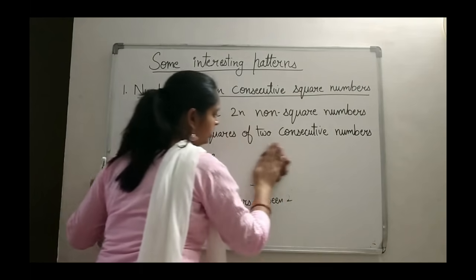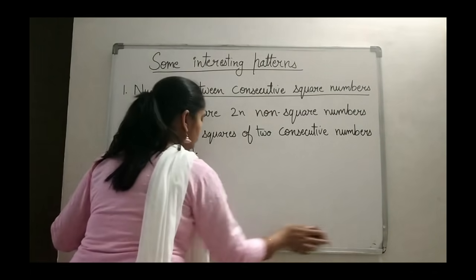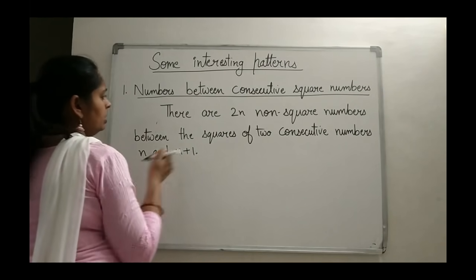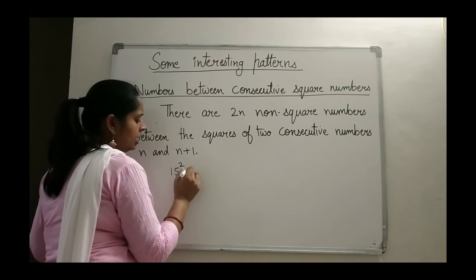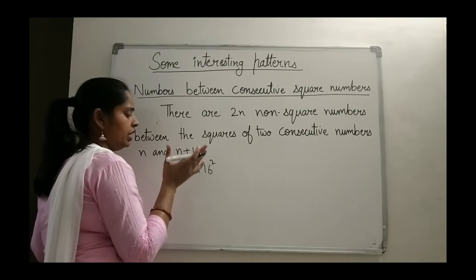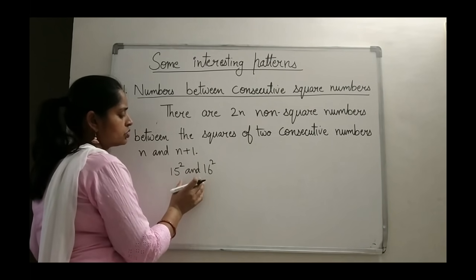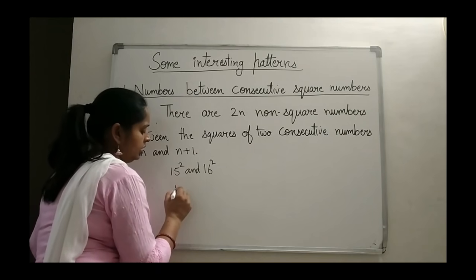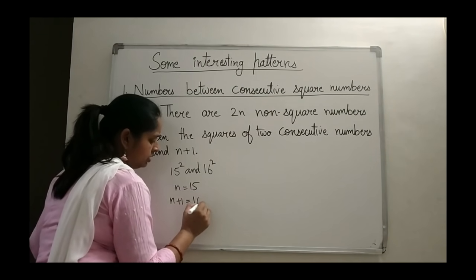See one more example. Suppose a question has been asked: how many non-square numbers are lying between 15 square and 16 square? If numbers are big, it is difficult to find the numbers. So many numbers are there. So the best method: n is 15 and n plus 1 is 16, consecutive numbers.